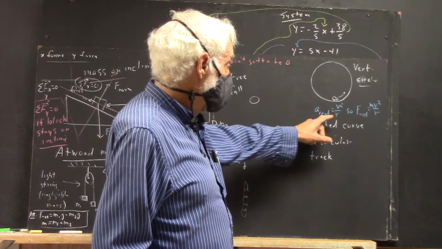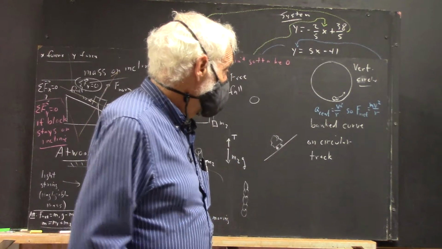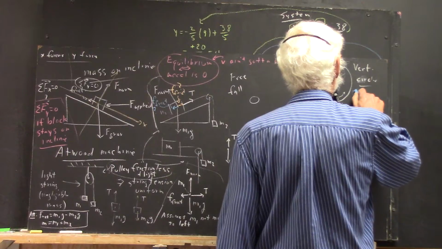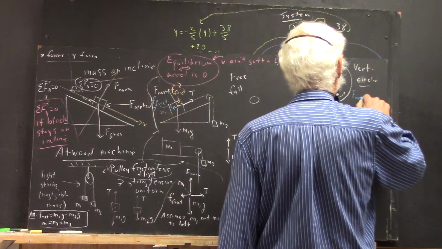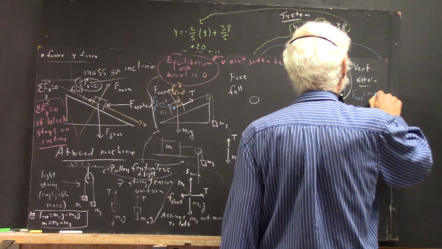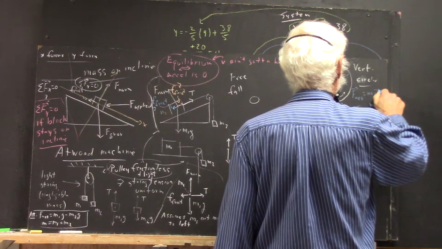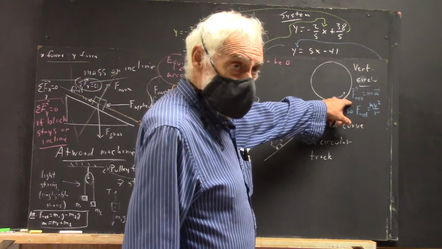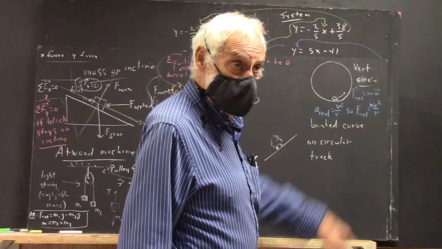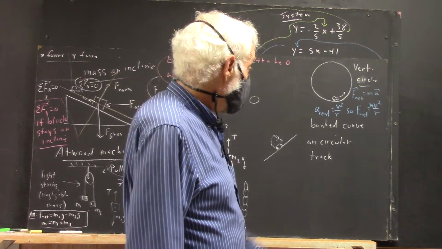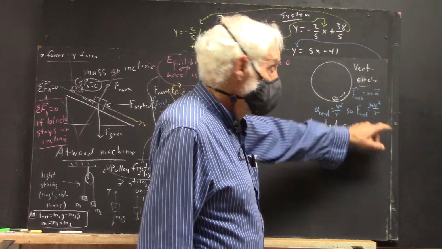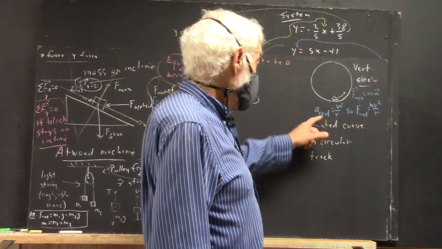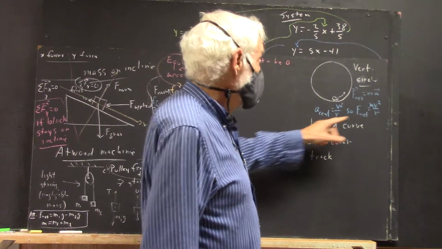Well, if this is your acceleration, the fact that net force is mass times acceleration tells you that F net is mv squared over r. I mean, if this is your acceleration, then this is your net force.